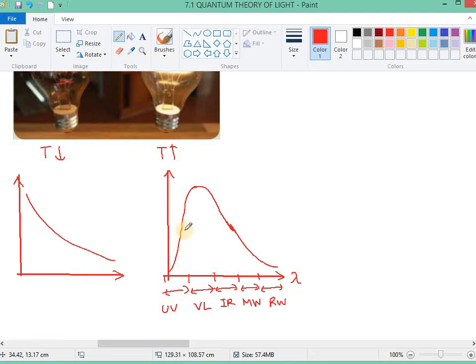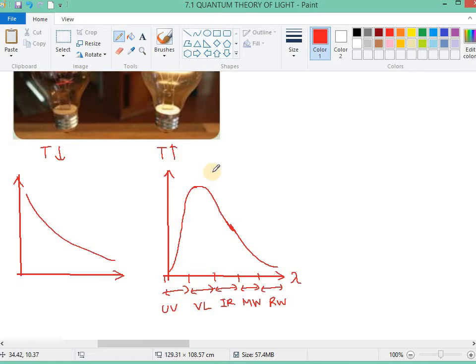The total energy released is lower compared to the energy released at lower frequency.